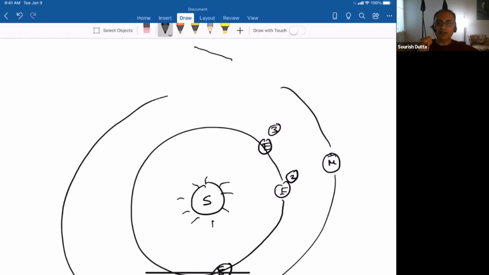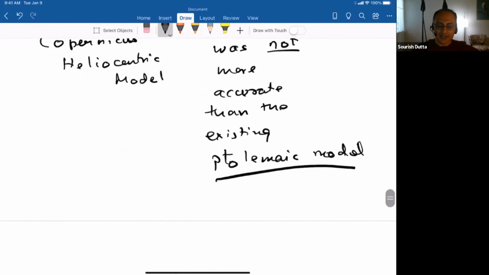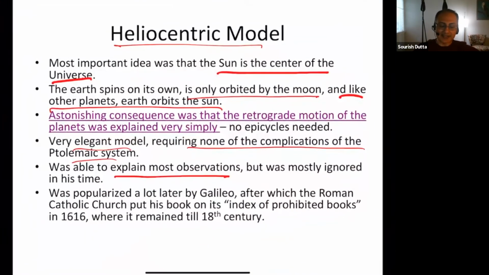So that flaw in Copernicus's model was what led to the heliocentric model, as discovered by Copernicus, giving not more accurate answers than the existing Ptolemaic model. So that is one of the reasons why people did not take it super seriously.